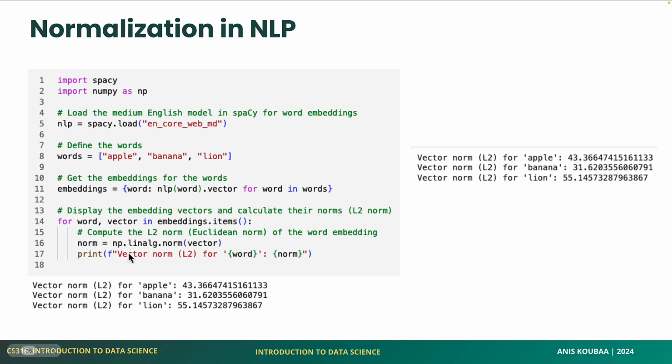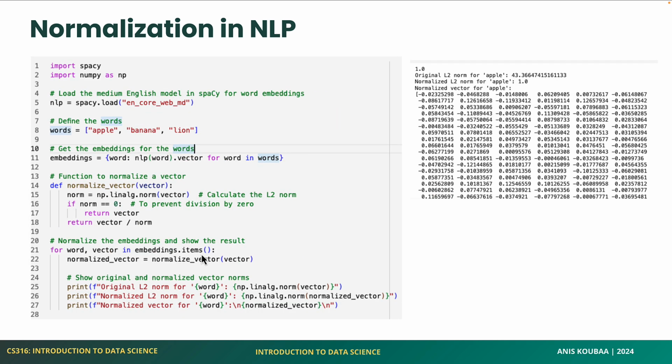Here we calculate the embeddings, and then for every vector we calculate the norm. The norm of the apple is 43.31, and we're going to use this norm to divide the embedding vector by its norm.